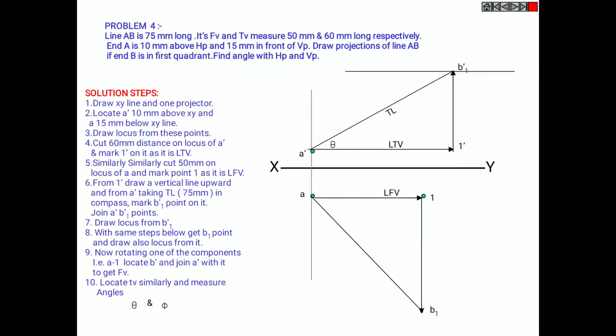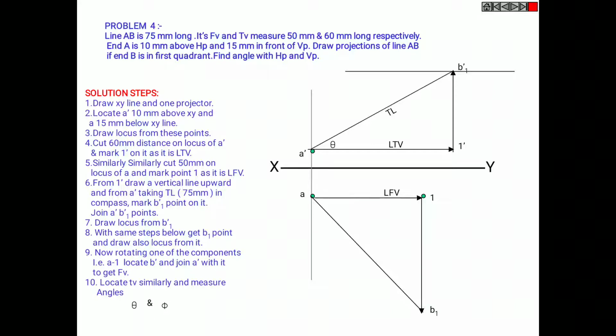From 1 dash, draw a vertical line upward, and from A dash, taking true length 75 mm in compass, mark B1 dash point on it. Now join A dash B1 dash points.